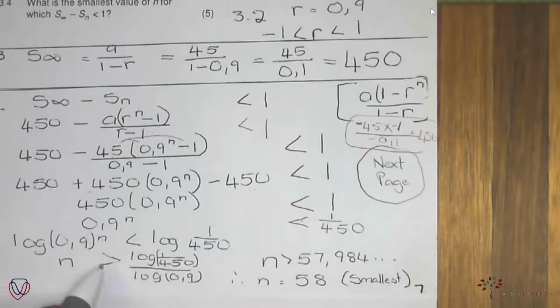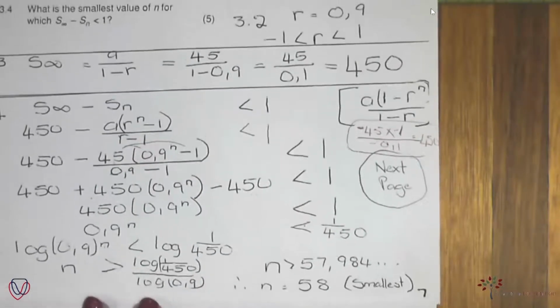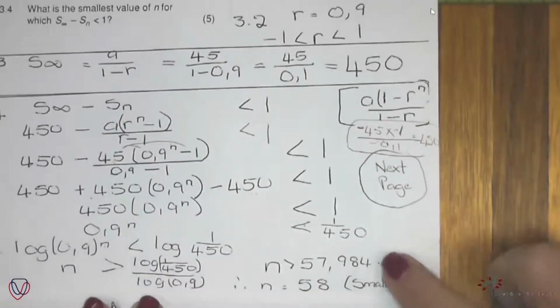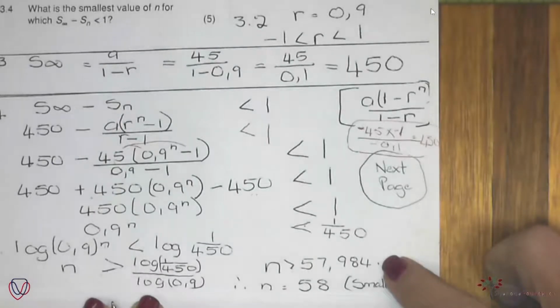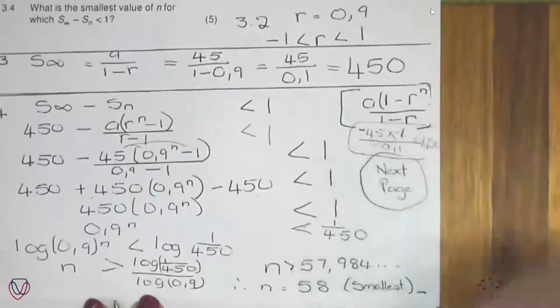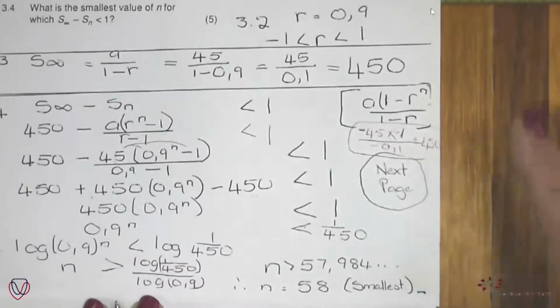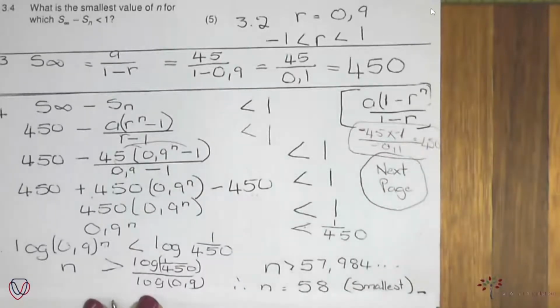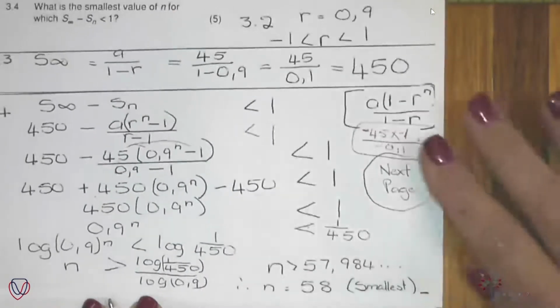The n must be larger than this. Now, when I did this on my calculator, I got that answer. What is the next whole number after 57,9? It is 58, because they said the smallest number for n. n cannot be a fraction. So the smallest one is the one just after 57,9.